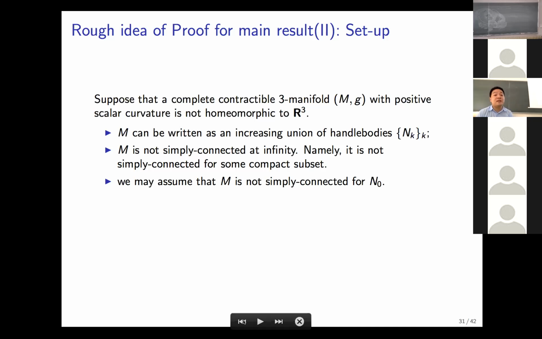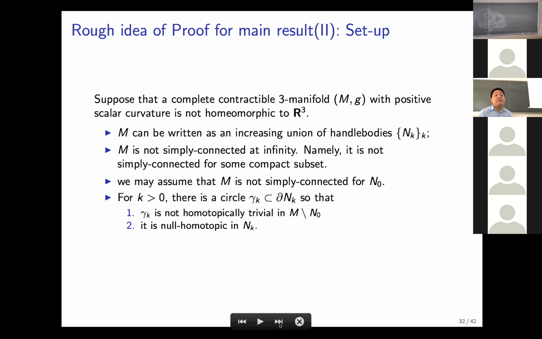M can be written as the increasing union of handlebodies NK. Because M is not homeomorphic to R3, M is not simply connected at infinity. That means M is not simply connected for some compact sets. We may assume M is not simply connected for N0.